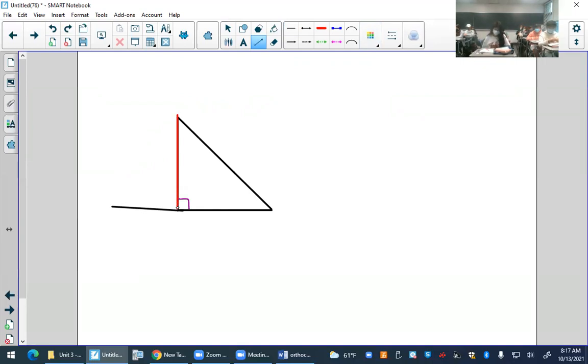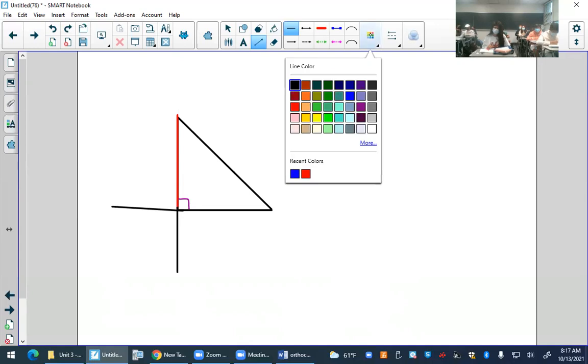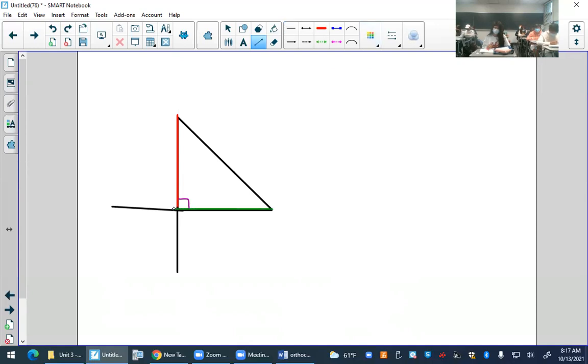I'm not going to do it all out because I don't want to have to do the whole lesson. And then if we did it from this to this side, if we extended this, and I did the altitude from here, it would actually end up being here.